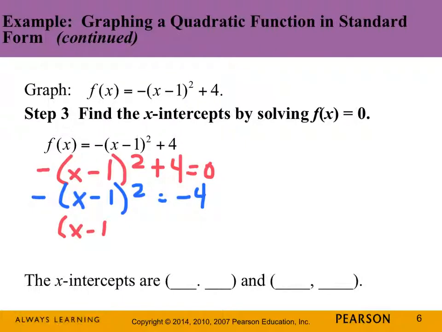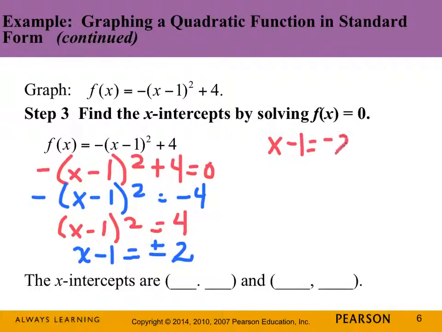x minus 1 quantity squared equals 4. Now, the inverse of squaring is to take the square root. When we take the square root of both sides, we'll have x minus 1 equals plus or minus the square root of 4, which is 2. So now we have x minus 1 equals -2, and x minus 1 equals +2.